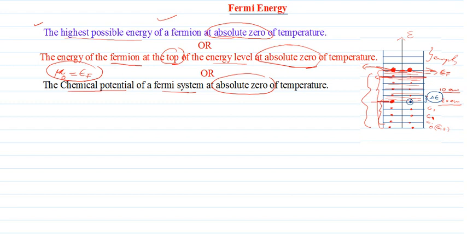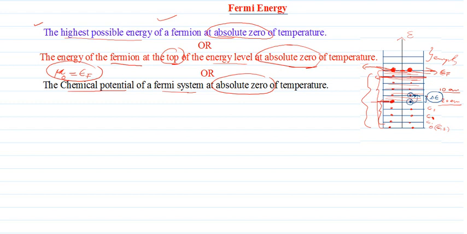This electron should be able to get excited to the next available energy level. But is it possible? No, it is not possible. Why? Because this energy state is already occupied by another fermion there. So this particular fermion in principle cannot go and occupy the same state which is already occupied, because the Pauli exclusion principle will forbid that.